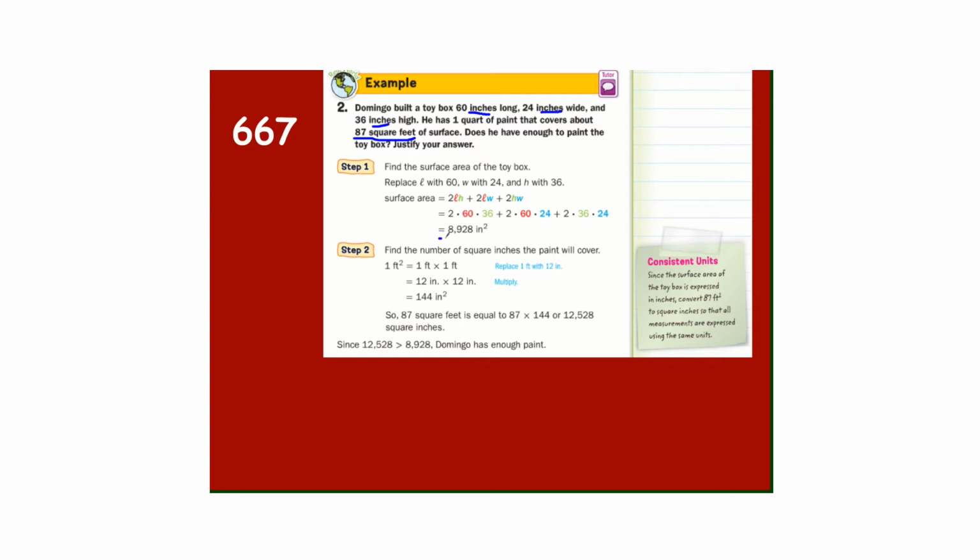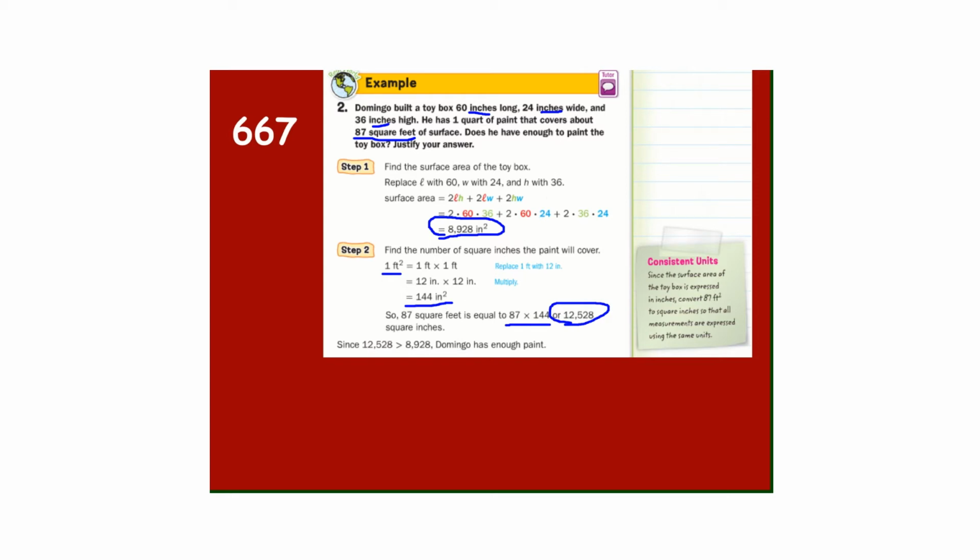So after you get the square inches figured out, you find the number of square inches that the paint will cover. So each square foot will cover 144 square inches because it's 12 inches by 12 inches makes your square foot. So 87 square feet is equal to 87 times 144 or 12,000. So does he have enough paint? He has plenty of paint.